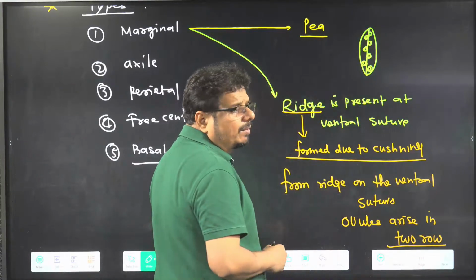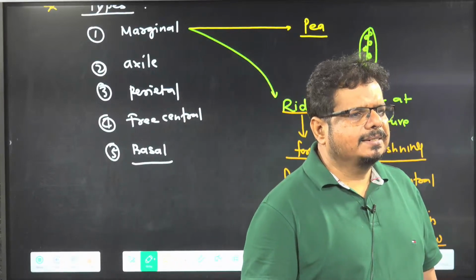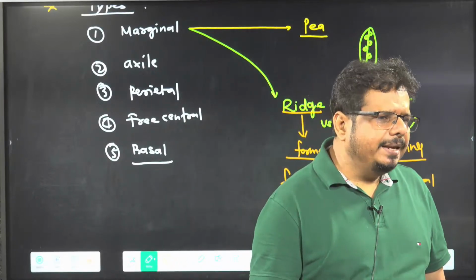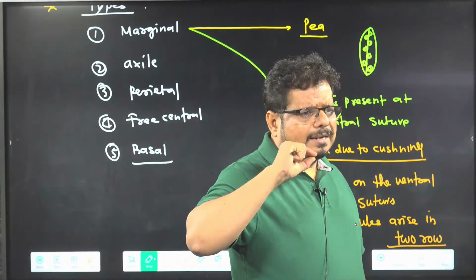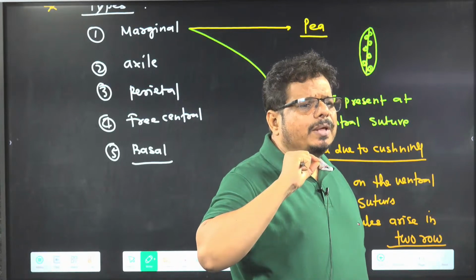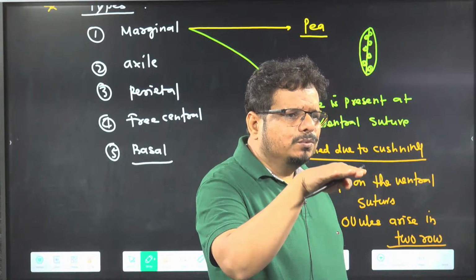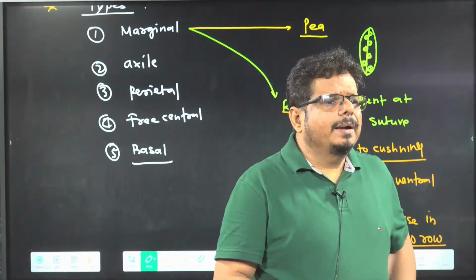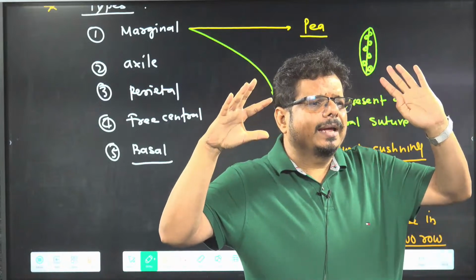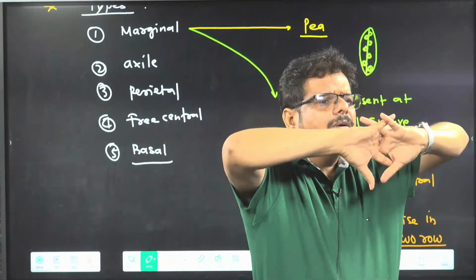So what are the probable questions people ask from the marginal placentation? First the example, pea. Then they will ask: the placenta is attached and forms a ridge on which suture? On the ventral suture. Look toward my hand. I am telling you about sutures. This is one hand, this is another hand. I am joining them. Look here.